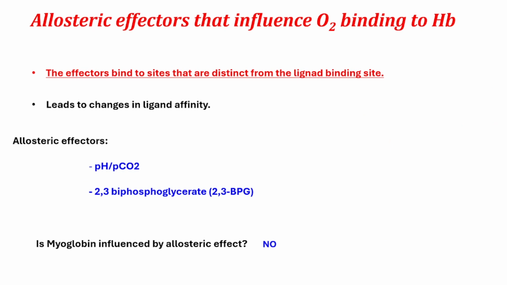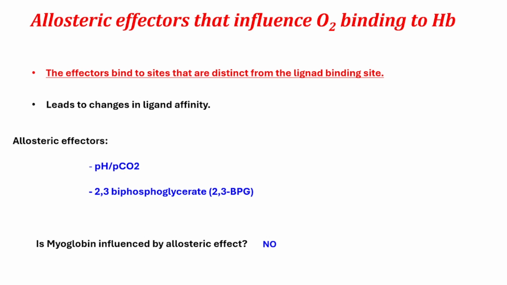This binding of oxygen, represented here by the oxygen dissociation curve, can be affected by what we call allosteric effectors. What does that mean? Do you know enzymes? An enzyme has an active site where the ligand will bind, right? The allosteric site is another site beside the active site.